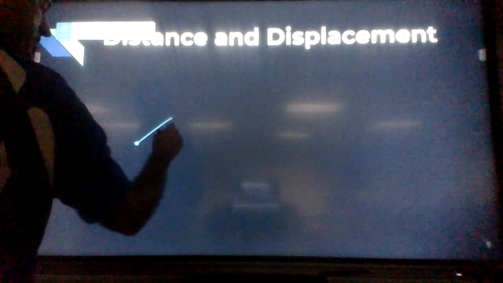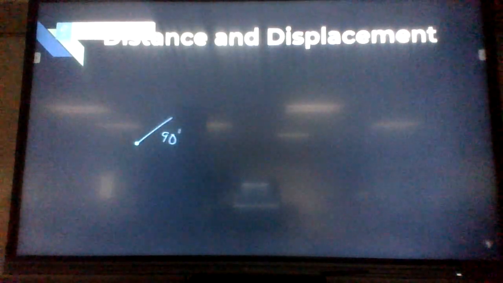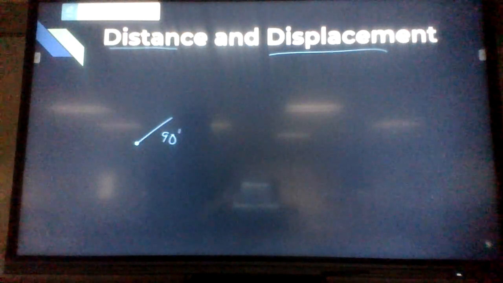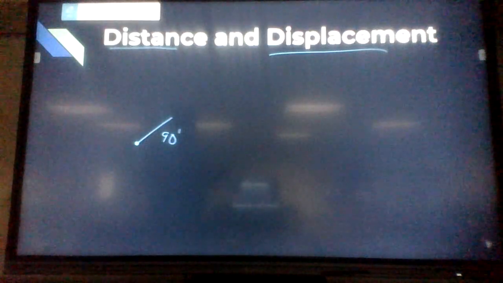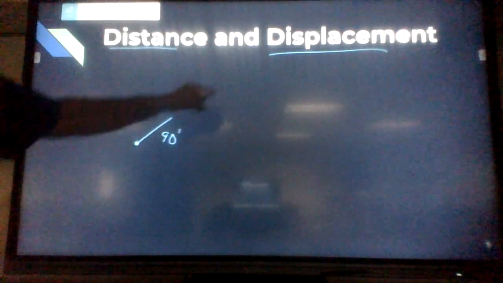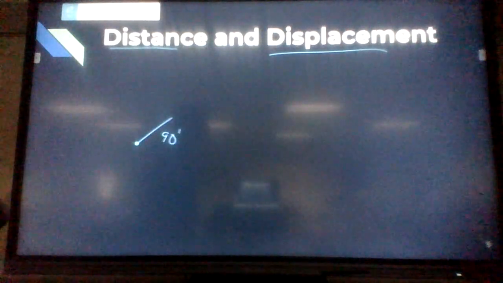Now, on a regulation-sized baseball field, that's 90 feet. So far, I have traveled in only one direction. And you see the words distance and displacement. As long as those are in the same direction, then they're equal to each other. So I have traveled 90 feet, and my displacement, how far away from my starting point, is also 90 feet.